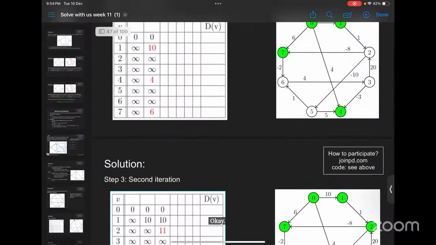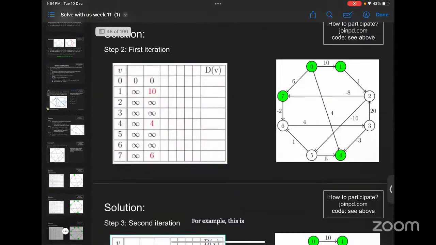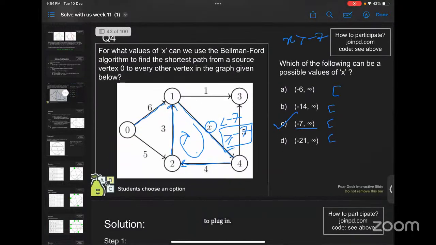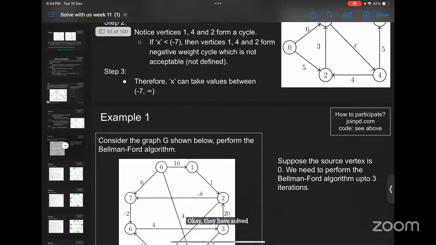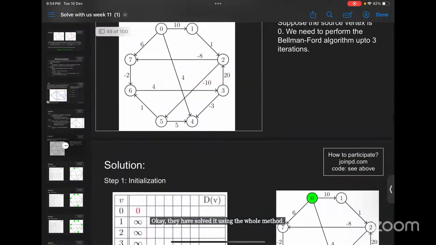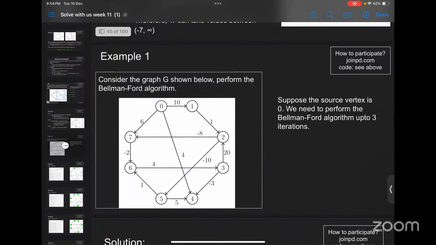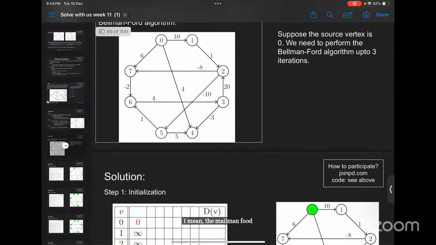This is the problem. They have solved the example using the whole method. This is an example, and you need to perform the Bellman-Ford method up to 3 steps.